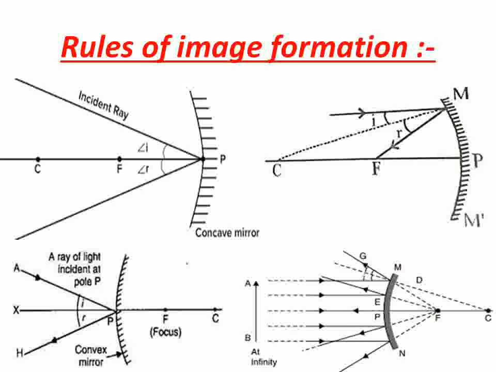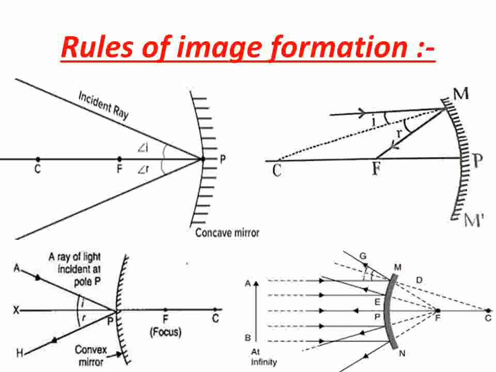Any line passing through the center of curvature becomes a normal on the surface of the mirror. Just like in the first case, the principal axis is a normal passing through the center of curvature.